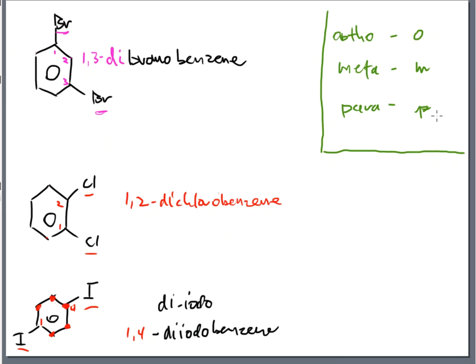Because ortho, meta, and para takes a look at the substituents that are on the group, and they figure out, well, as far as those two substituents are concerned, how are they near each other? Are they side by side? And do they hate each other like really bad neighbors? Or does it skip one in between them?